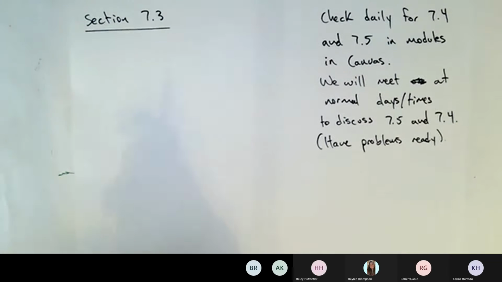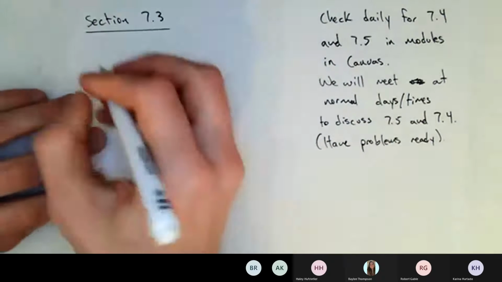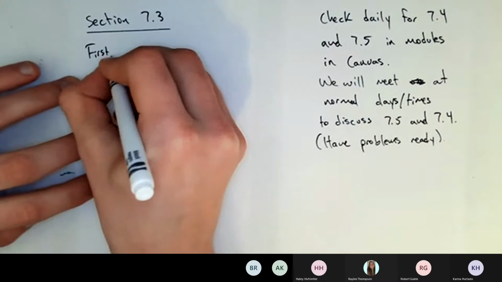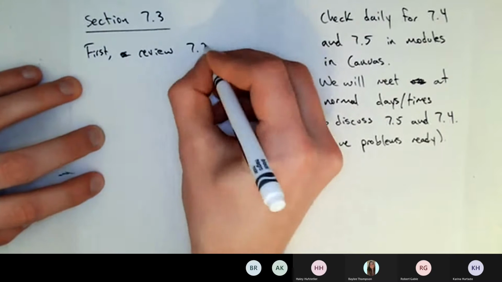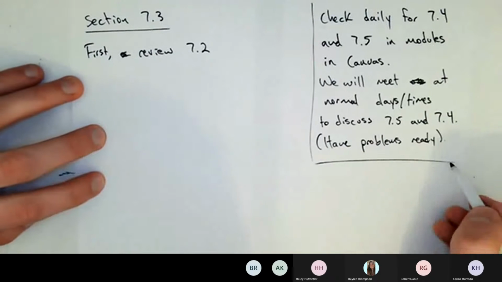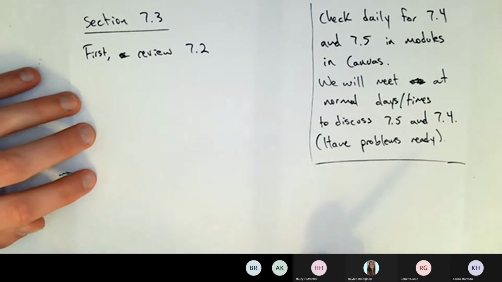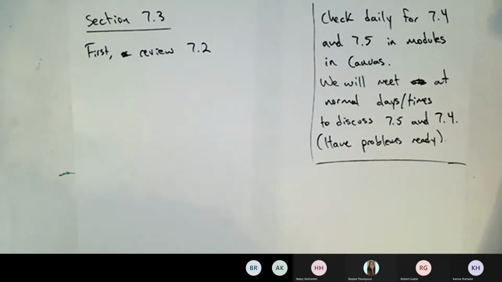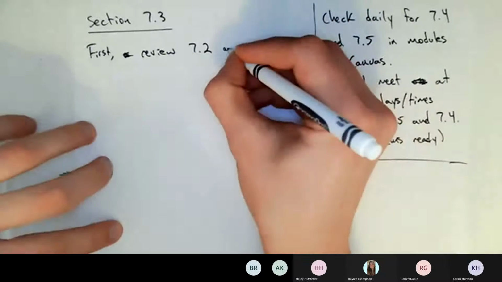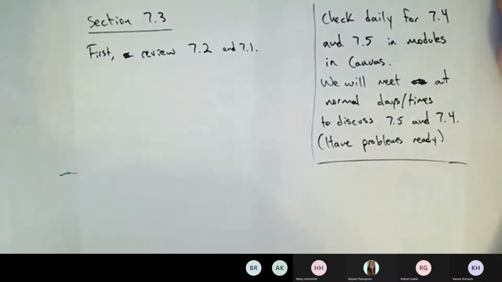Okay, so let's get into section 7.3, which is about double angle formulas, power reducing formulas, and half angle formulas. But first, let's review 7.2. I'll start by asking if anyone has any questions from 7.1 or 7.2 from the video lectures.